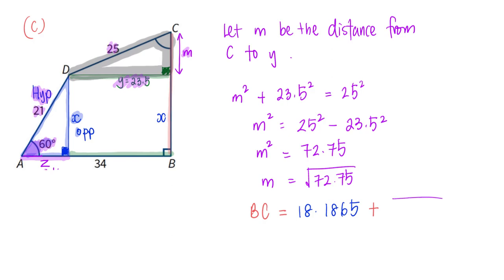M is square root of 72.75. And when I key into the calculator, this will give me the value of 26.716. To find significant figures, final answer 26.7 cm.